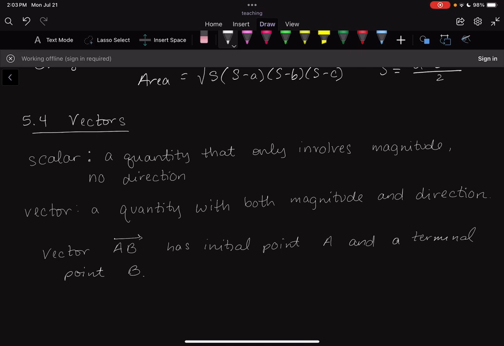Sometimes they'll write the letters just in bold, like they'll write AB in bold, and that'll mean a vector.